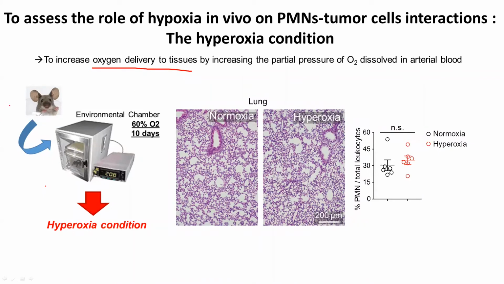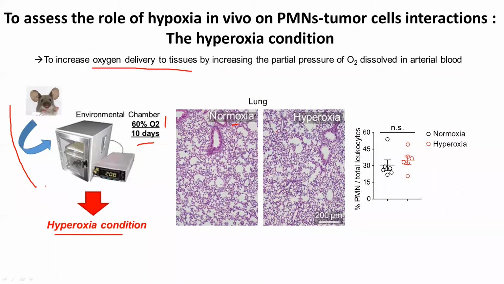So for that, we housed mice in an environmental chamber for the last 10 days prior to sacrifice at 60% oxygen. This condition will be referred to as the hyperoxia condition, compared to the normoxia condition where the mice are housed at ambient oxygen.